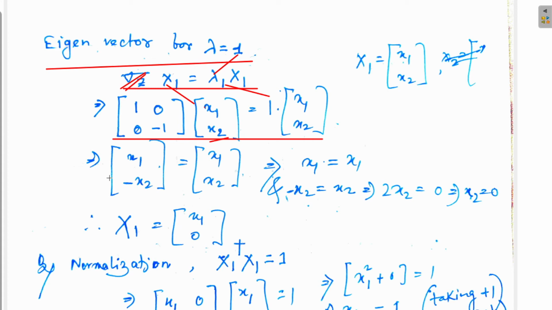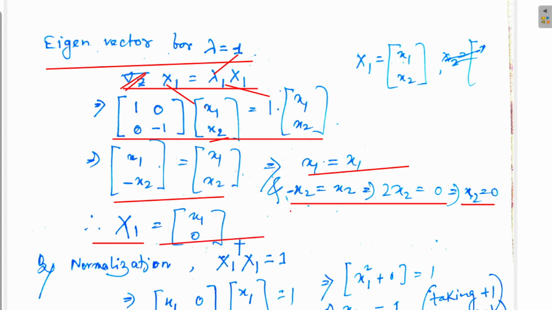Okay, so after simplification, from the second row of these two matrices, by comparing, we can calculate that x2 becomes 0. So the eigenvector corresponding to the eigenvalue positive 1 is x1, and the second element is 0. To normalize this eigenvector, we take x1 dagger x1 equal to 1.